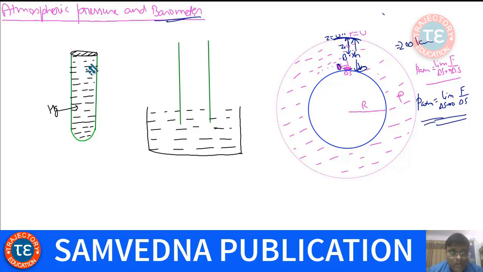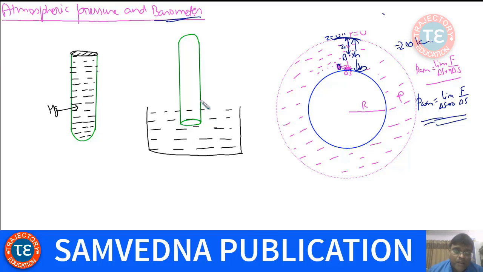This may not be very large. You can even take a tube of height more than 1 meter. It's better to take sufficient height. And you just invert it in this cup.